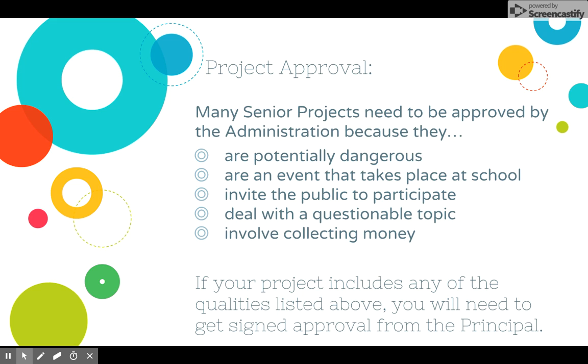They are well familiar with this process, so it won't be a surprise to them. But my recommendation is that if you need to do this, do it well before the end of Q2, because you don't want to wait until the very last day to get this signed, because what if the principal is not available? That's going to be tough. So if you need to do this, get it done early, okay?